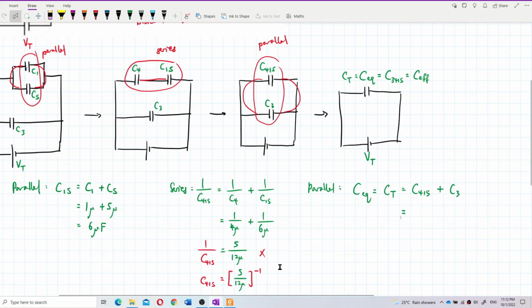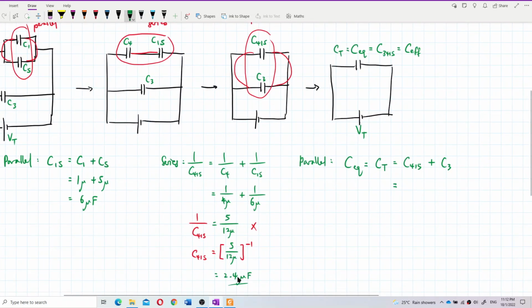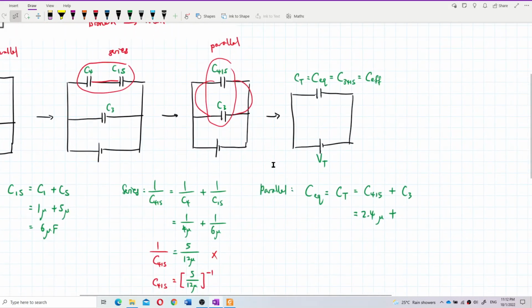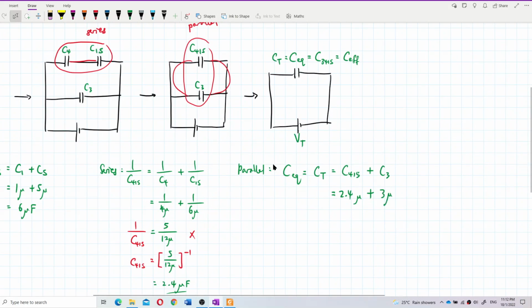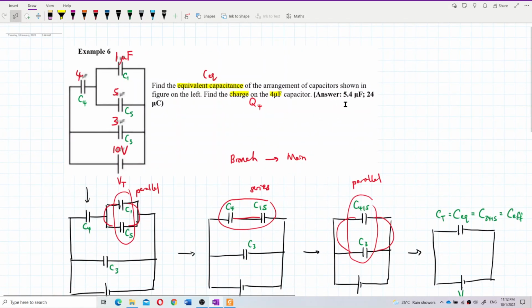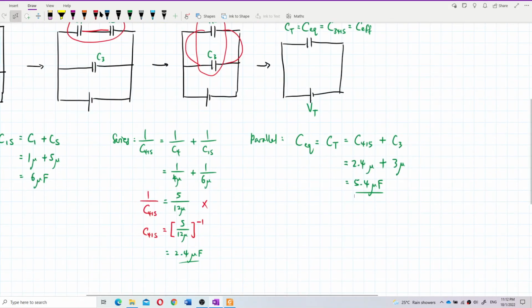C415 just now was 2.4 microfarad, plus C3, which is 3 microfarad, and finally I get 5.4 microfarad. That's the C equivalent. Is it correct? Yes, that's correct.